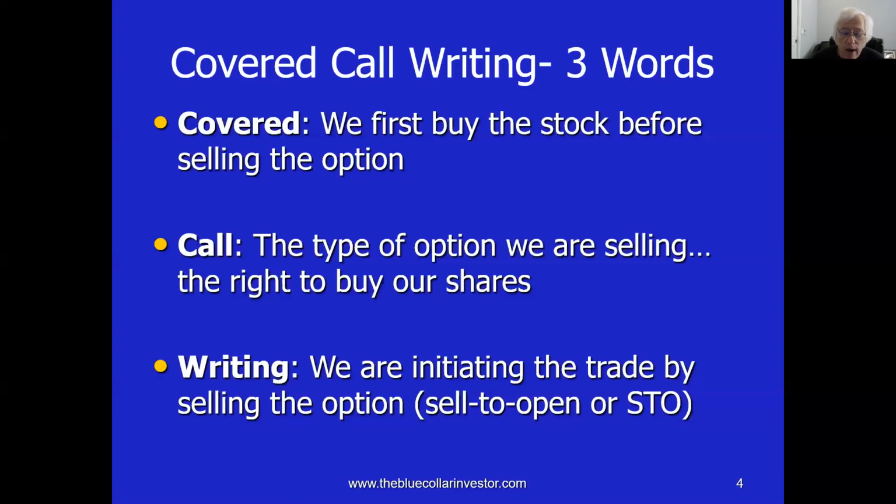The third word is writing. That means we are initiating, starting the trade by selling the option. On our trade execution forms, as you'll see later on, it will read sell to open. We're selling a call option to open a particular trade. It might also just have the initials STO.